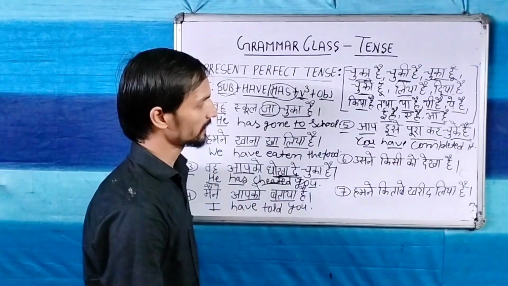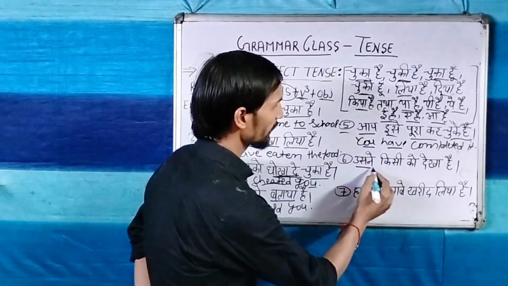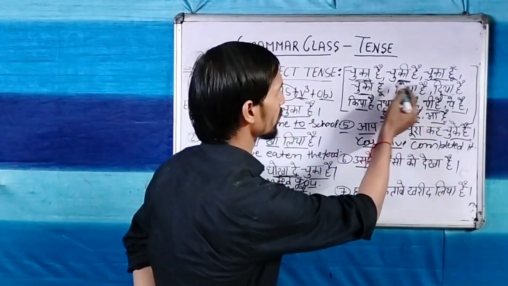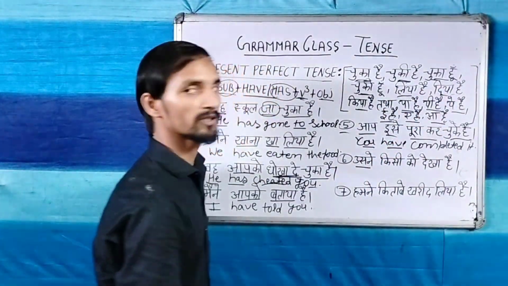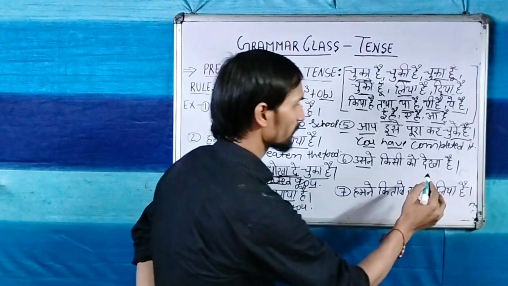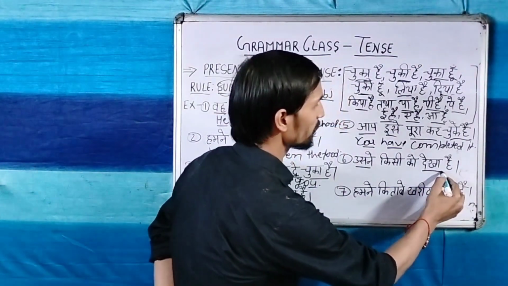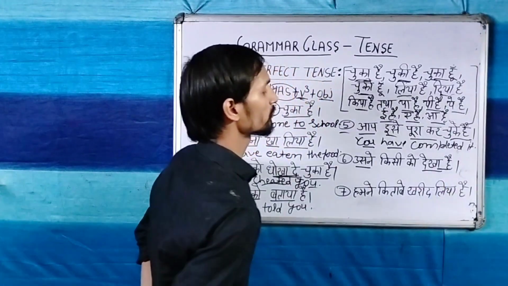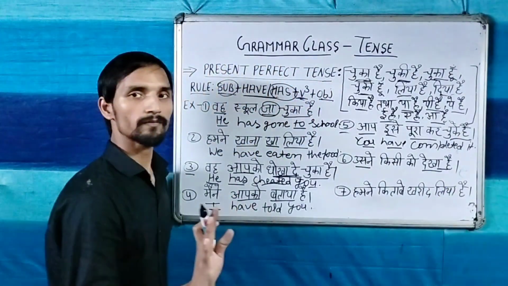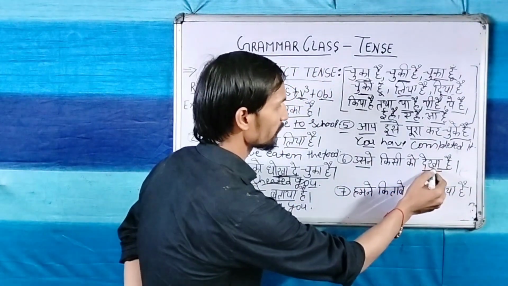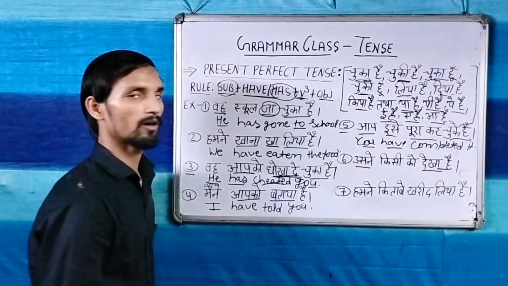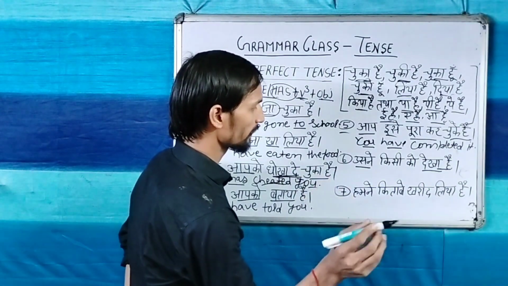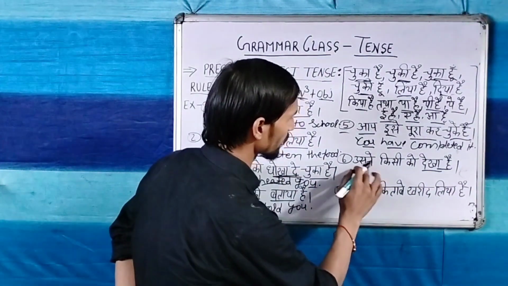Let's see the sixth sentence, that is उसने किसी को देखा है. Now once again चुका है, लिया है, दिया है, किया है, these words are not coming. But if with the main verb, या है, ई है, ये है, these words are coming, so that is also called present perfect tense. So with verb आ है word has been used, we will also call this the present perfect tense. Now let's see उसने.